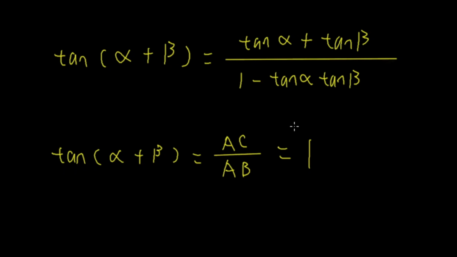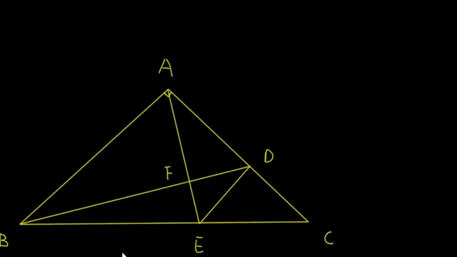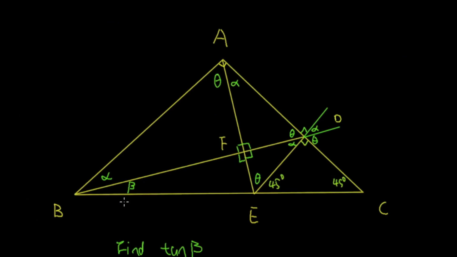Now, to find tan alpha, let's come back here. Tan alpha, this angle here. We can see this as this side AD over AB, right? Yes, we can. So let's write that down.